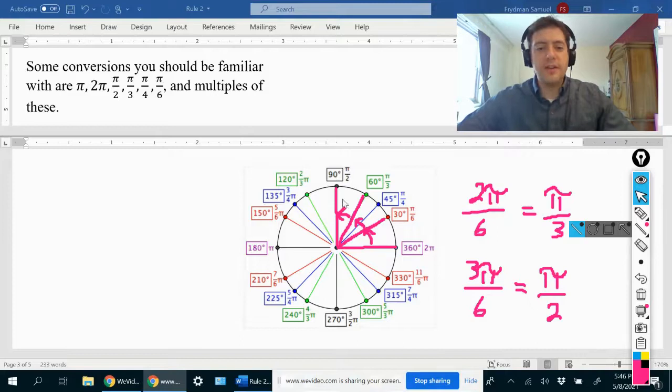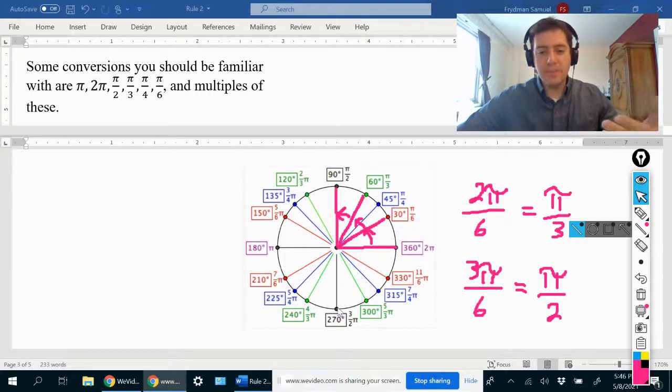So we're at 3 pi over 6 right now, which is the same as pi over 2. Then we could go to 4 pi over 6, which is the same as 2/3 pi, or 2 pi over 3, and then 5 pi over 6, and then 6 pi over 6, which is the same as pi, 7 pi over 6, 8 pi over 6, 8 over 6 reduces to 4 over 3.